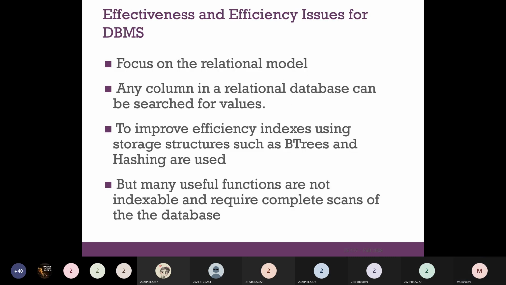Okay. So we discussed the effectiveness and efficiency issues with your DBMS. In a DBMS, we can store the data in the form of tables. The relational model informally represents a table, in the sense that we can represent the data in two-dimensional form, that is, rows and columns.